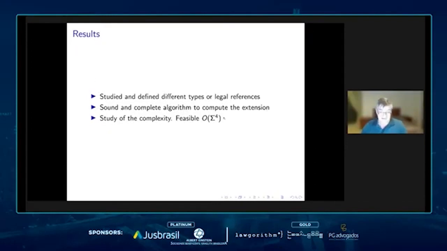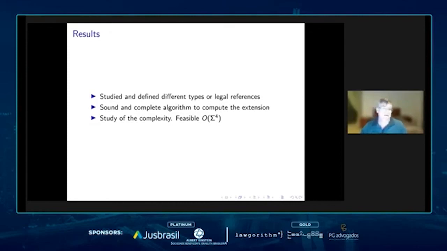The key aspect, and I don't know whether this is a positive or a negative result, is that we proved that when we extend the logic with the legal references as presented in this paper, the complexity is still feasible, it's still polynomial, it's quadratic, and it's an increase, because the complexity of the logic when we don't have the references is linear. So on one side, we maintain feasibility, but we increase the cost.